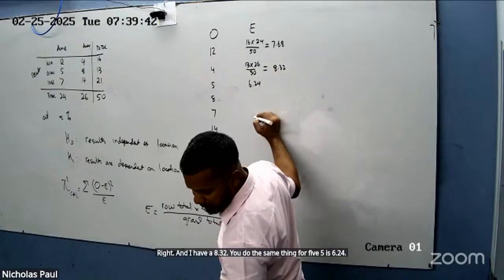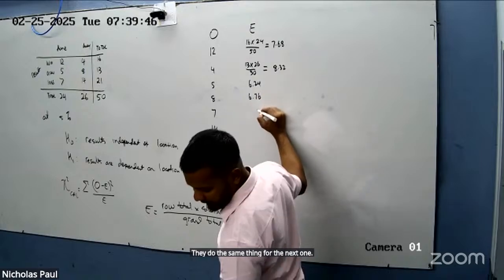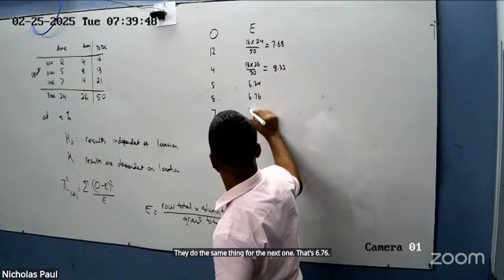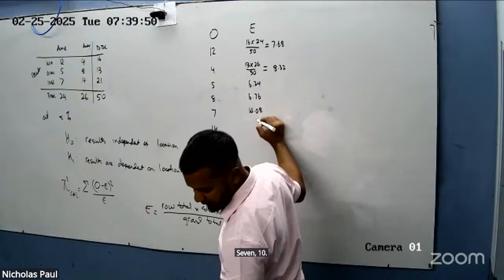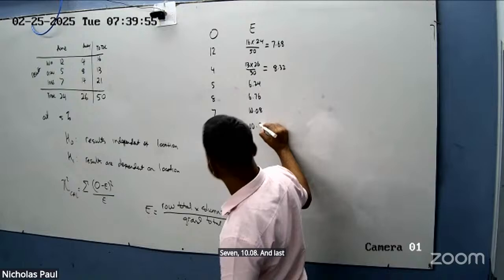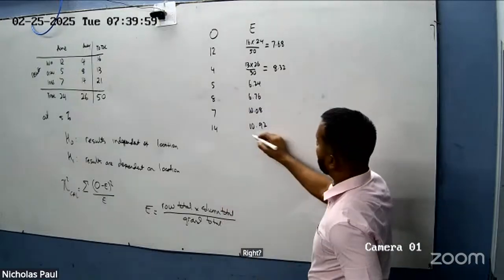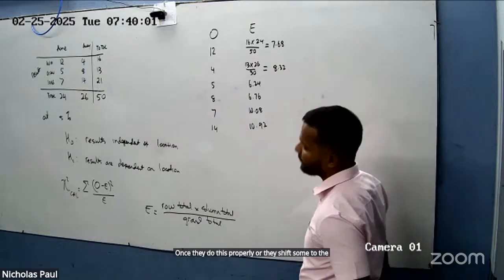You do the same thing for the next one, 8. That's 6.76. 7, 10.08. And the last one, 10.92. Once you do this properly, all this should sum to the same thing.